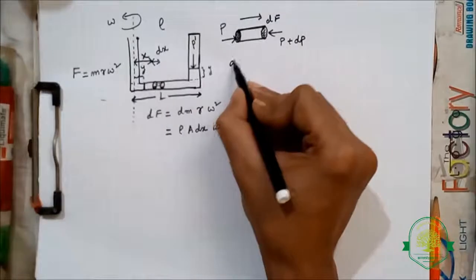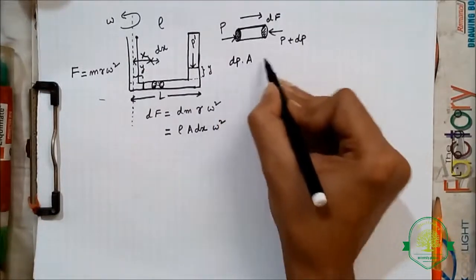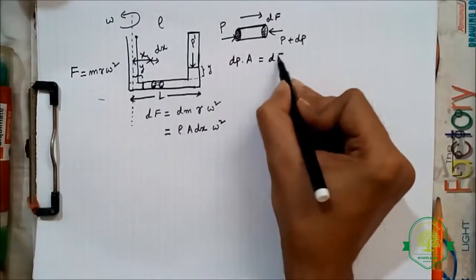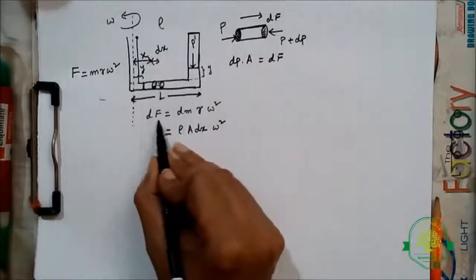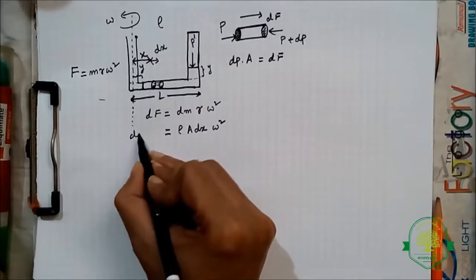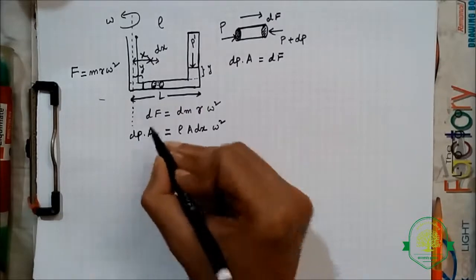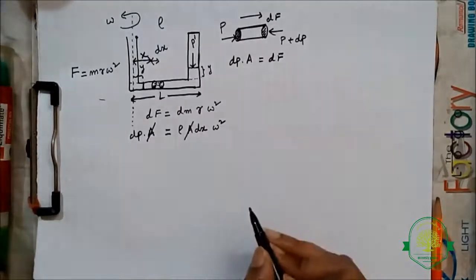So we can say that dP times cross-sectional area A will have to be equal to dF, because we are talking about the equilibrium condition. So in place of dF, we can write dP times A, and we can cancel the A's out.